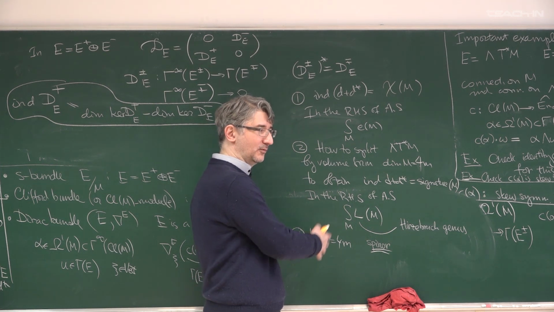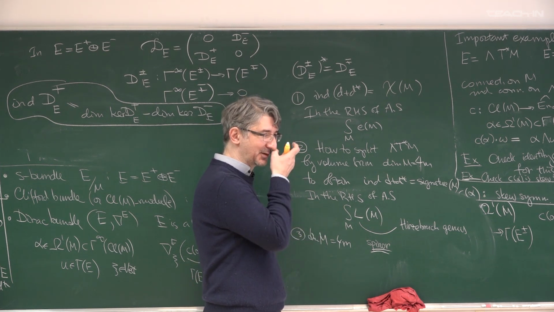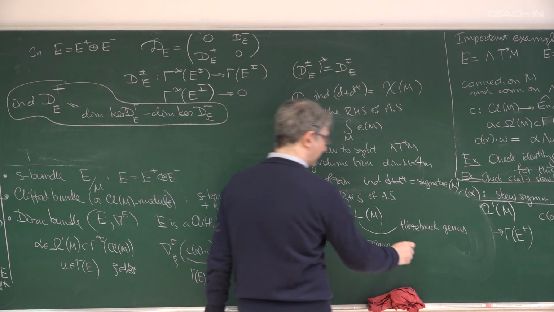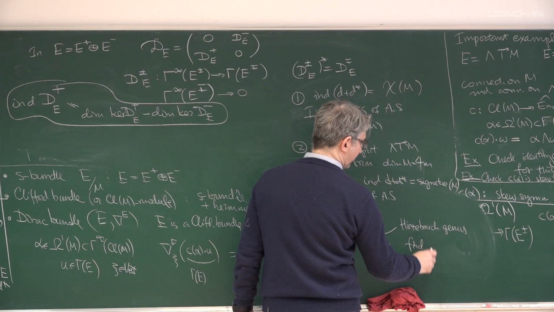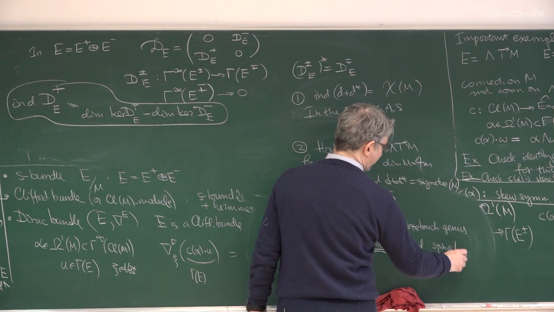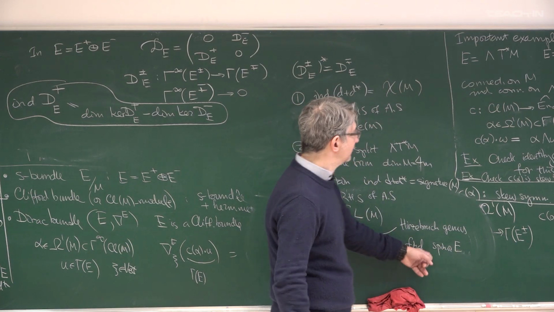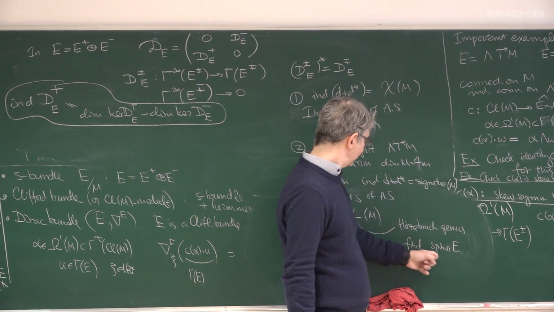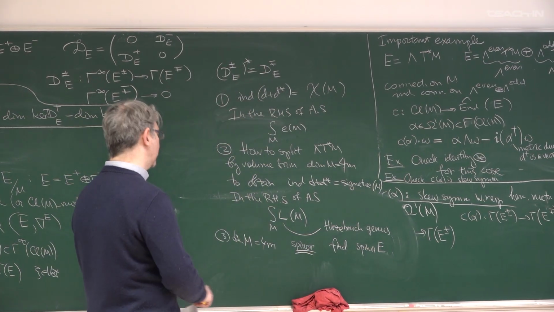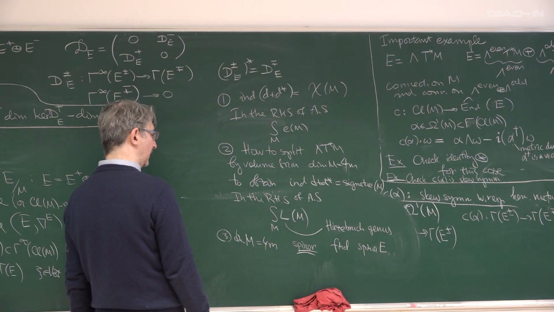That's why this problem also costs an excellent mark. So you can check what a spin manifold is, then find the spinor bundle E. It is not constructed from differential forms, it's constructed from the spin structure. It's a very interesting thing. It's not very difficult, but it's very, very interesting.